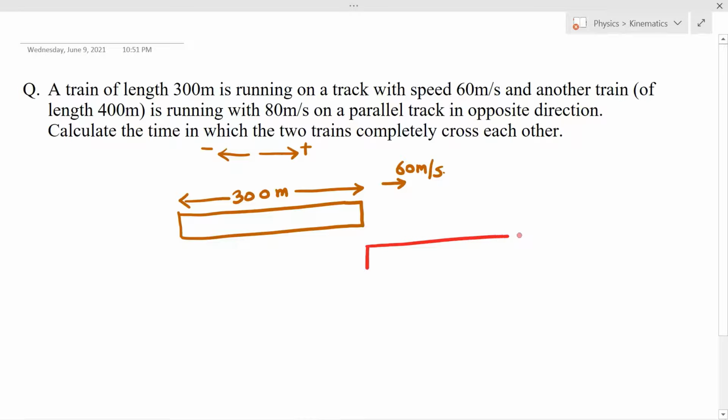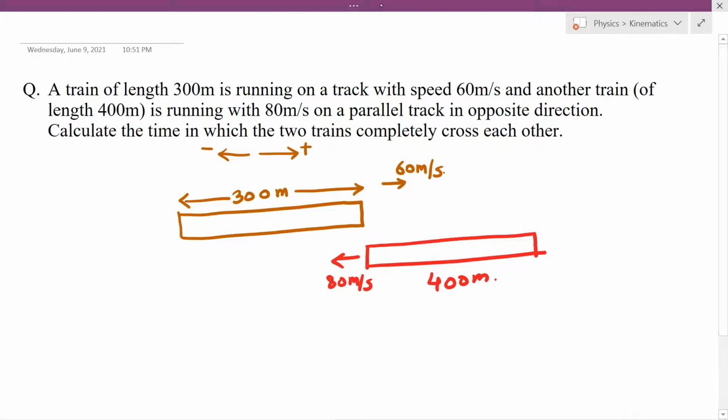This train whose length is 400 meter is running with 80 meter per second on a parallel track in opposite direction, that is this direction. Calculate the time in which the two trains completely cross each other.